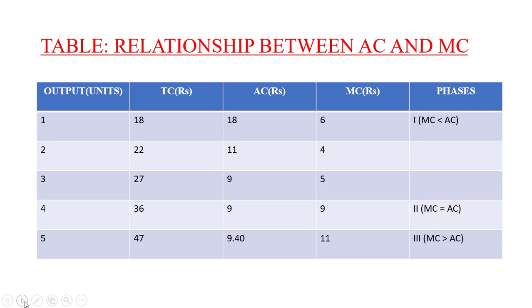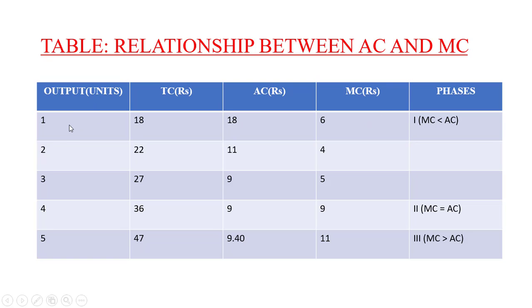Okay. Now before going to the diagram, you see the table first. What is the table showing? We need inputs. Then we need total cost, average cost, marginal cost. As we are taking cost, that's why we are representing it with rupees. Okay, and these are the phases. Phases means the stages which we will see in the relationship between TC, AC and MC.